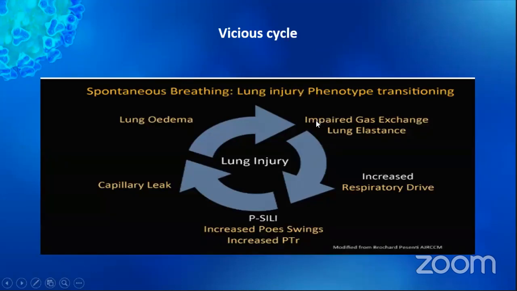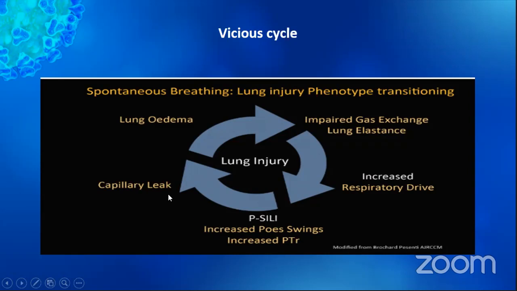So here we start, as mentioned, with impaired gas exchange, lung elastance. Then what will happen? Hypoxemia, increased respiratory drive, which will cause increased tidal volume in the patient. And what will happen? Patient self-induced lung injury. It will cause increased swings in the esophageal pressure, tracheal pressure.